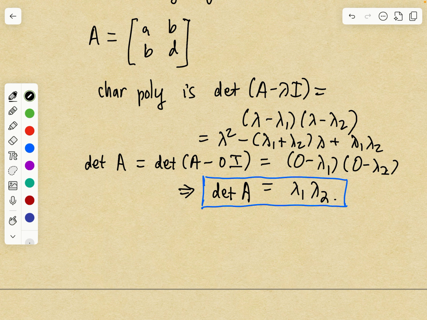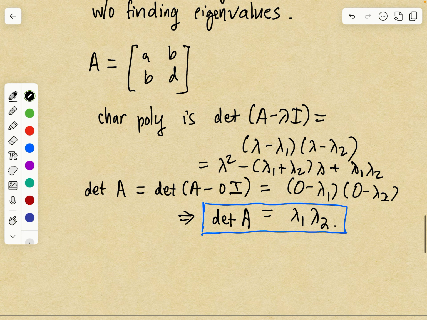And we've seen that the characteristic polynomial of such a matrix is also equal to lambda squared minus the trace, a plus d, times lambda, plus the determinant.